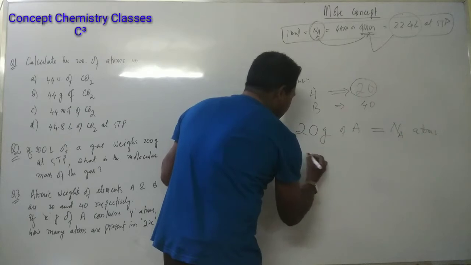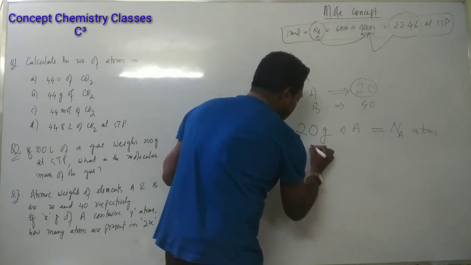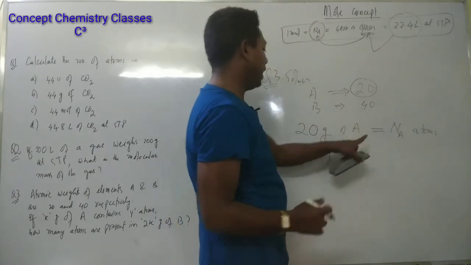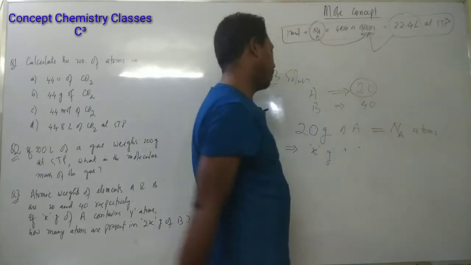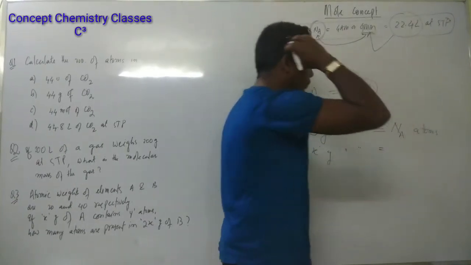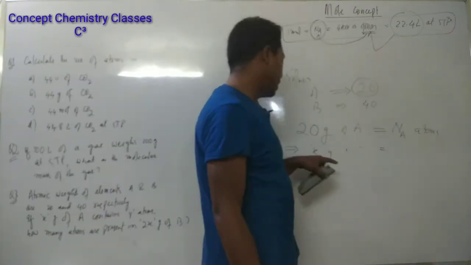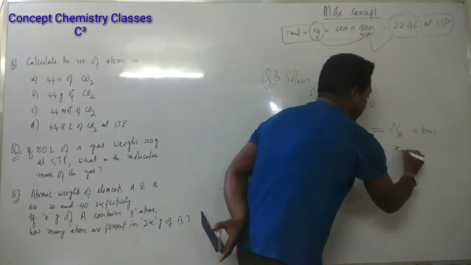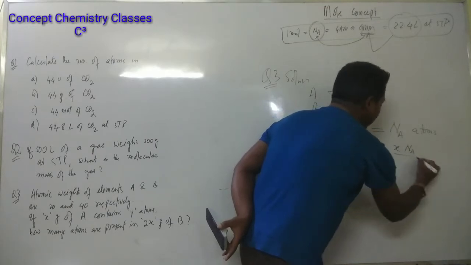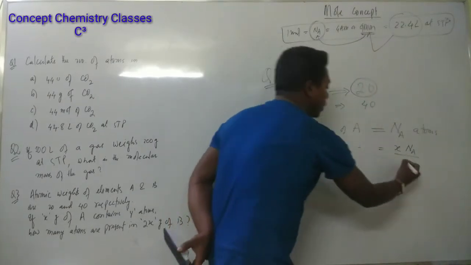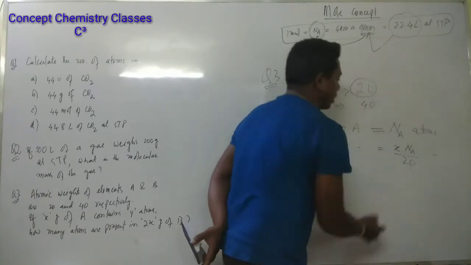Now we need to calculate for X gram of A. 20 gram contains Na atoms, so X gram contains X into Na divided by 20 atoms.